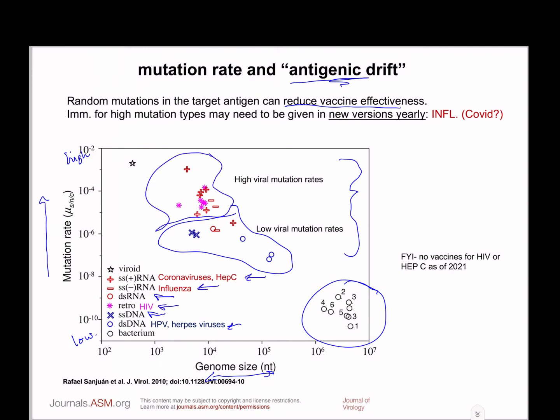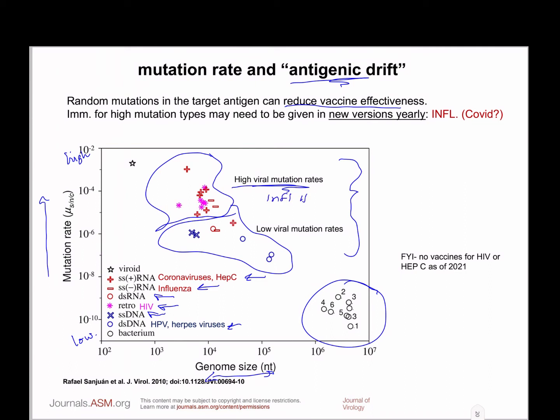So theoretically, these high mutation rate viral types, these RNA viruses, are going to have faster antigenic drift and are more likely to require updated vaccines. And when you look at some of the examples here, in these high viral mutation rates, we see influenza, which we know we do make new vaccines for every year.